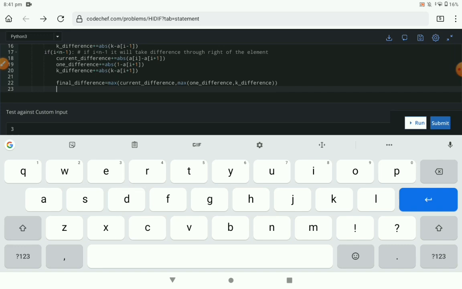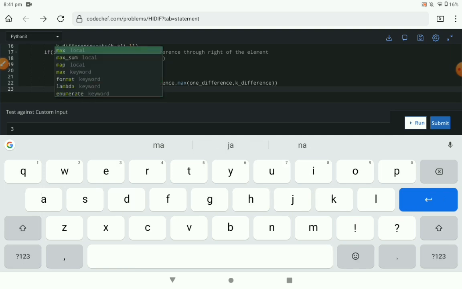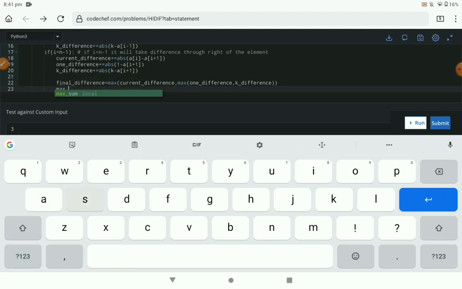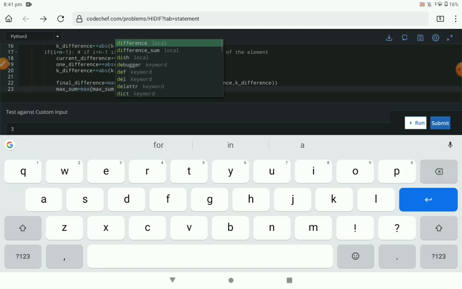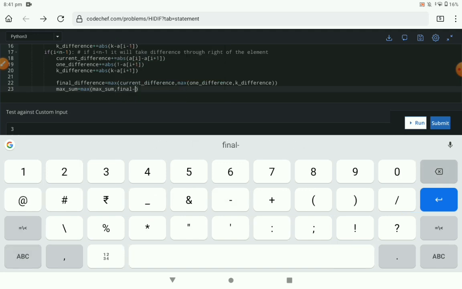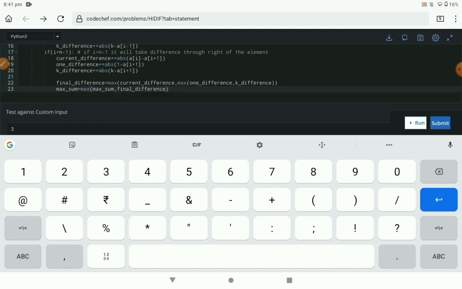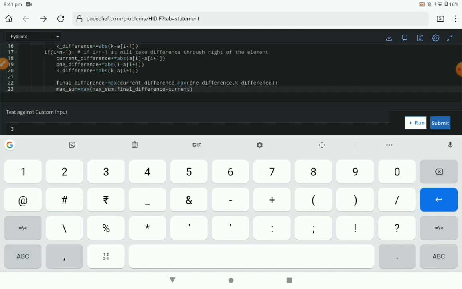Now our maximum equals the maximum of maximum, comma, final difference minus current difference.